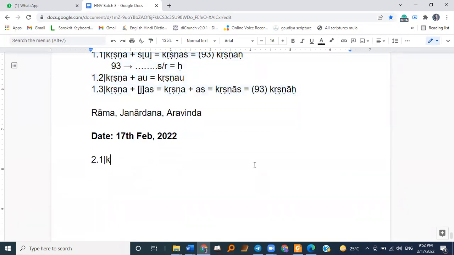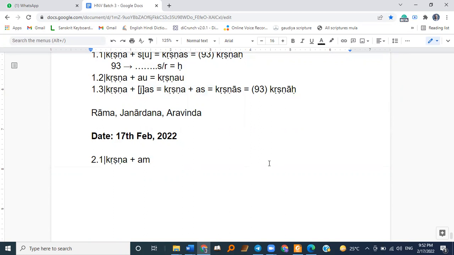2.1. So we are doing the Krishna Shabda, and the 2.1 pratyaya is, so 2.1 stands for, the 2 stands for the second case, which is Dvitiya Vibhakti, and 1 stands for Ekvachana, singular.